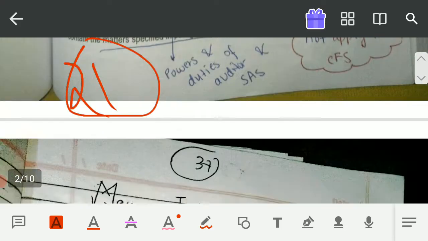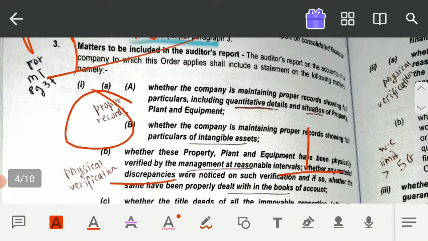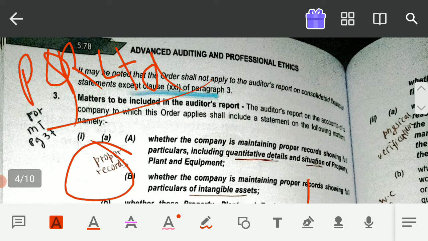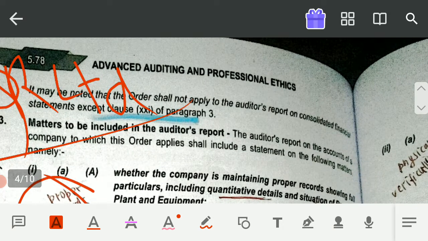And one point is to be remembered here: it may be noted that the order shall not apply to the auditor's report on consolidated financial statements except clause 21 of paragraph 3. So they mean to say that you do not need to report anything under CARO 2020 if you are preparing the audit report of consolidated financial statements, except clause 21 of paragraph 3.